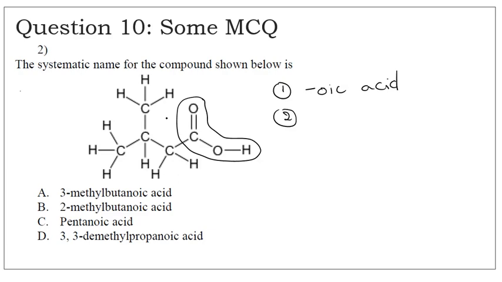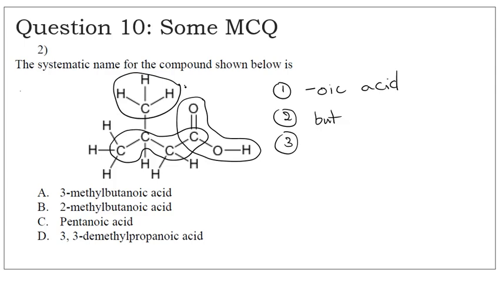And then I'm going to look at the longest carbon chain. And remember that you always have to consider this carbon as well when you look at the longest carbon chain. So in this case, the longest chain has 4 carbon, which is but-. Now the branch is a methyl.